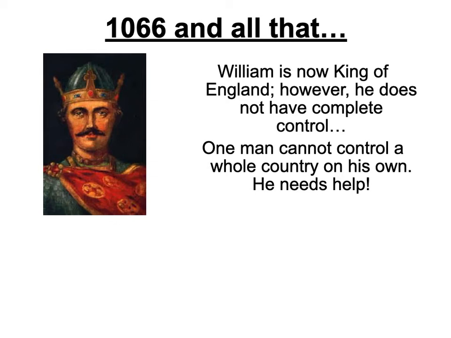Although William has won the battle, he now has to win the war. He has to gain control of England, a foreign country that didn't want him to be their king. This is a foreign invasion. So how is he going to maintain control and stop a further English rebellion that might try and unseat him from power?